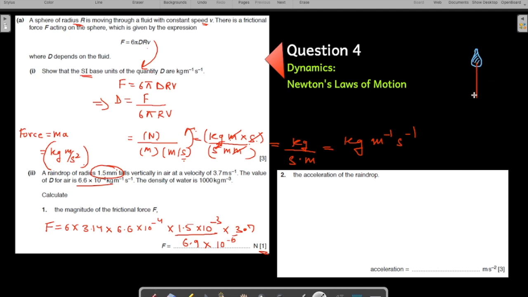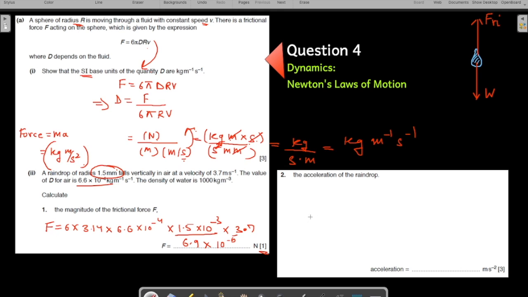So the weight is acting downwards. And is there any other force acting on the raindrop? Yes, it is very clearly mentioned that there is a force of friction, which they are calling as F, but we'll call it Fri for simplicity's sake, right?